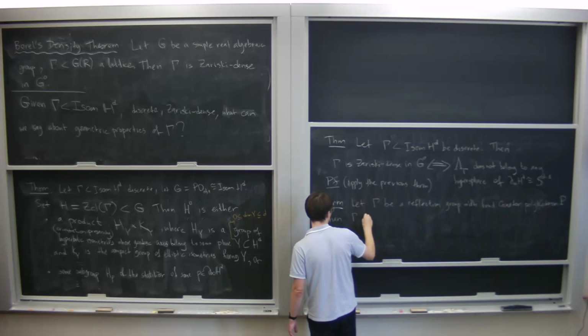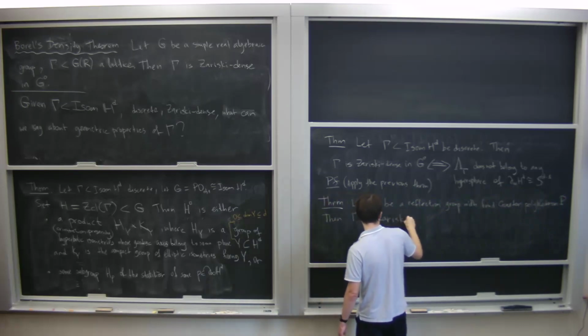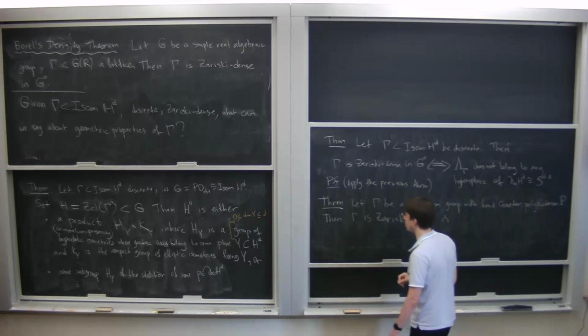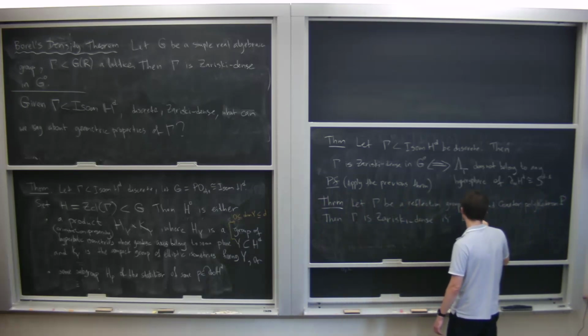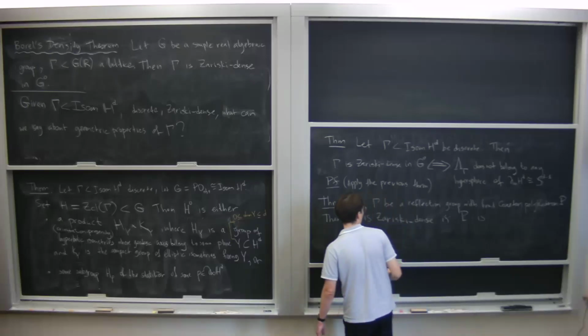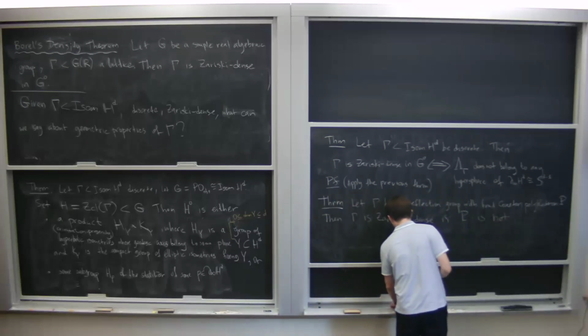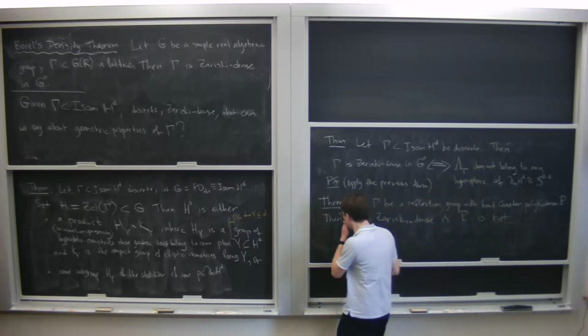Then Gamma is Zariski dense if P is not, and this is important, P is neither of these.